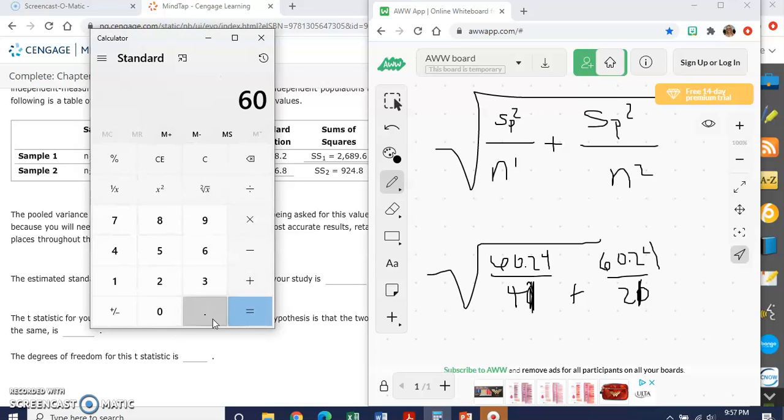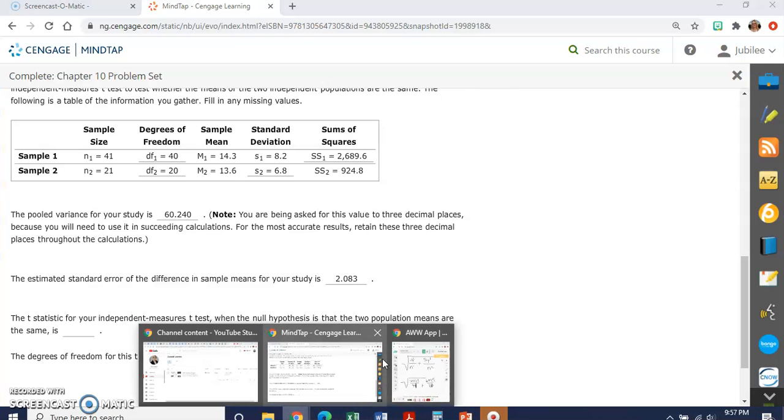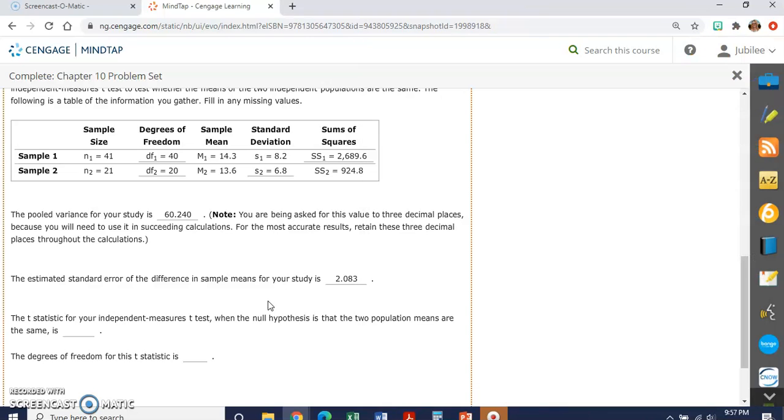And 60.24 divided by 21 gives me this number, plus what I got a minute ago. Now I get this, and I get the square root. So it's 2.08. Okay. So don't make the mistake I did. When you write down the formulas, make sure you're pulling the right numbers. I wrote down n, but I didn't divide by n.